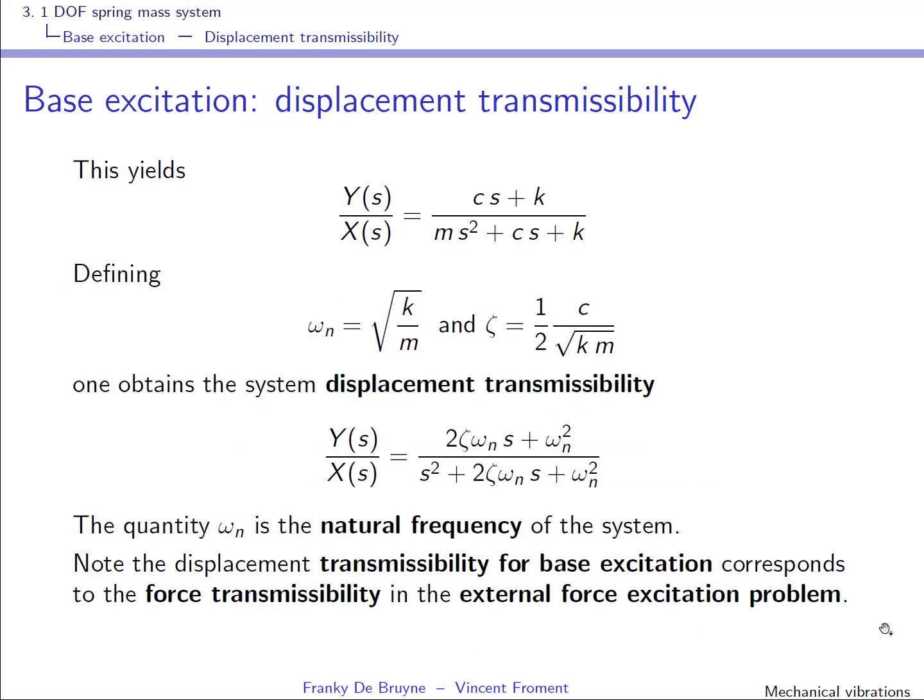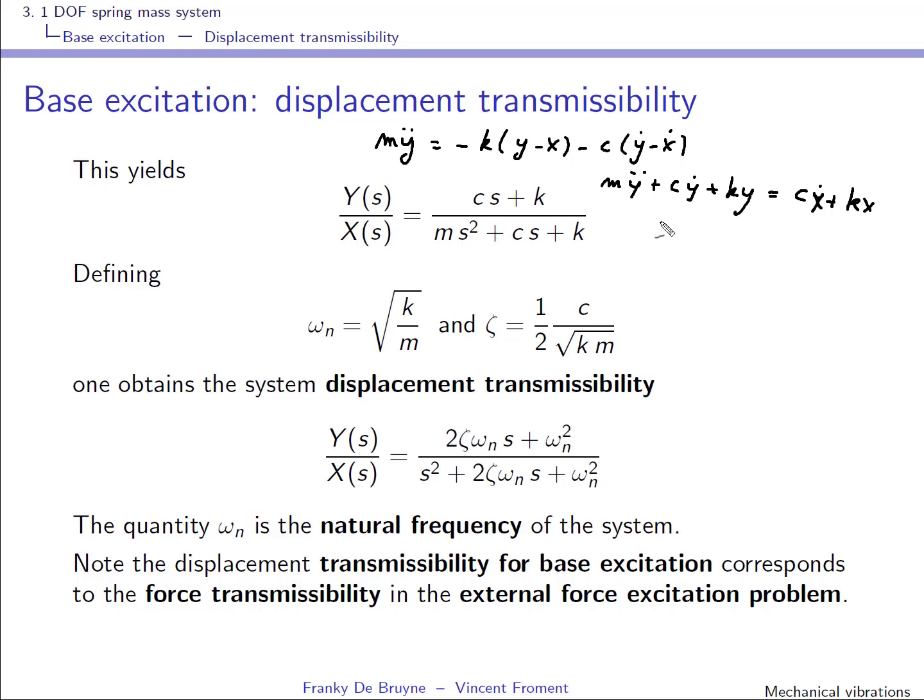We had seen in the previous slide that mass times y double dot was minus k (y minus x) minus c (y dot minus x dot). You can rewrite this as m y double dot plus c y dot plus k y is equal to c x dot plus k x.